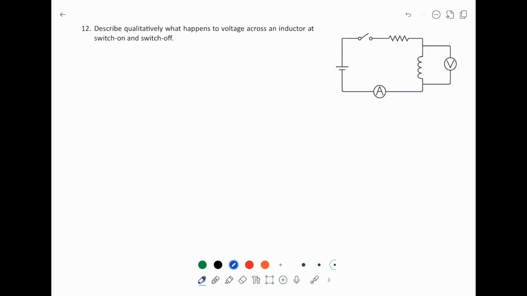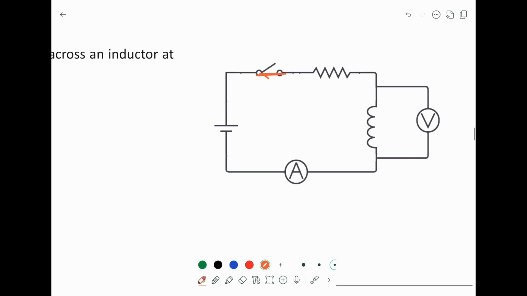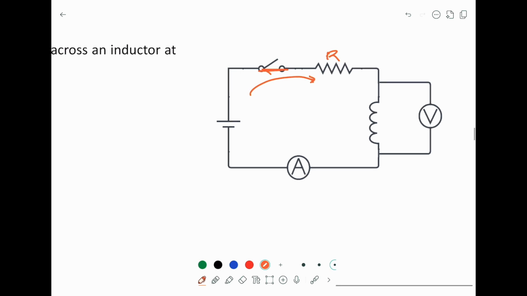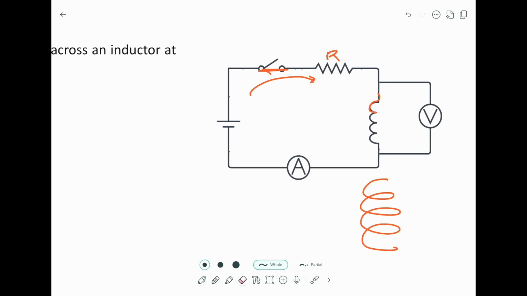So at the time when the switch turns on, the current starts to flow across the R. And remember, an inductor itself is a coil, so there's a current flow, and because of the coil, it will develop a magnetic field. This magnetic field depends on how you connect the coil; it can go either way.